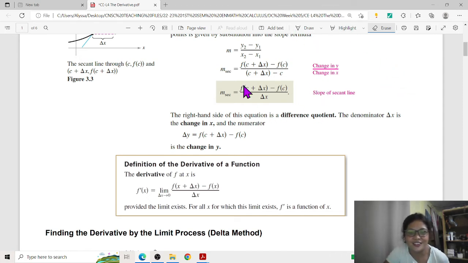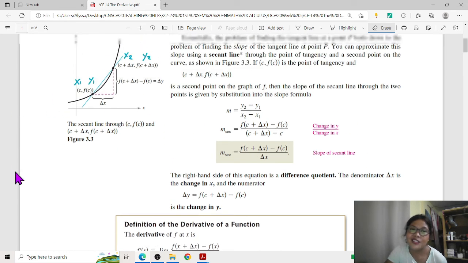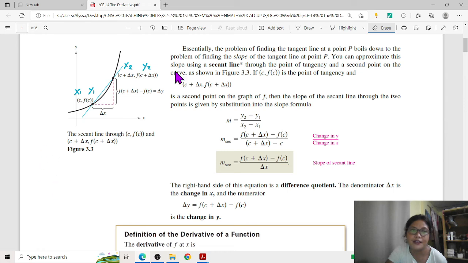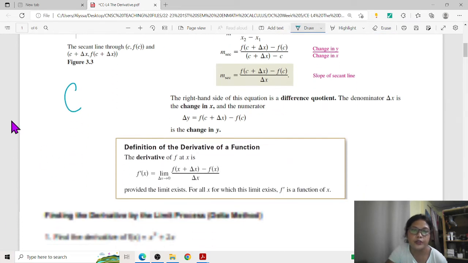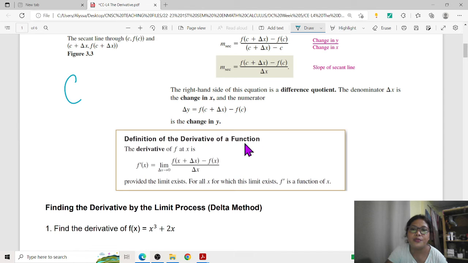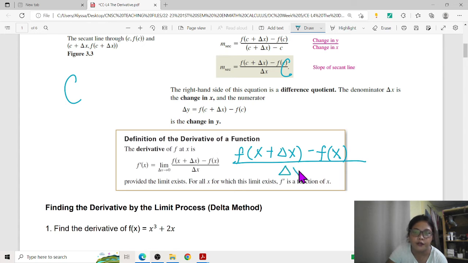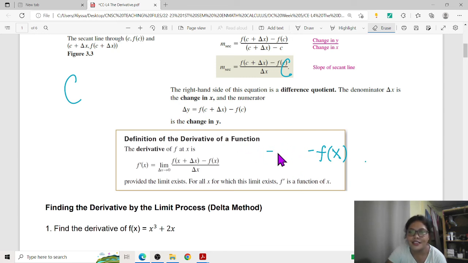Nakakalito talaga siya actually. Okay, so now, let us, diba, any constant number yung nilagay ko for c. Pero if we are to consider x's and y's, so we have to go back to the main topic, which is a function of x plus delta x minus, pinalitan lang yung c ng x dito sa main formula natin over delta x. So this is now the formula for the derivative of f at x is like this.